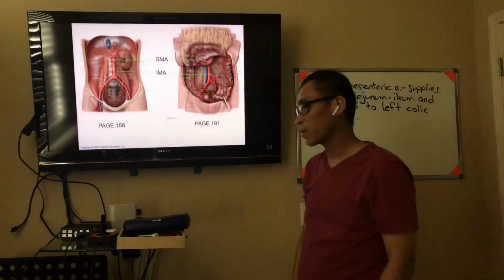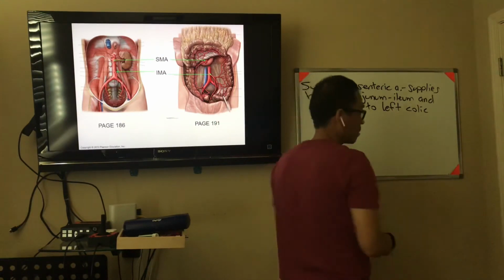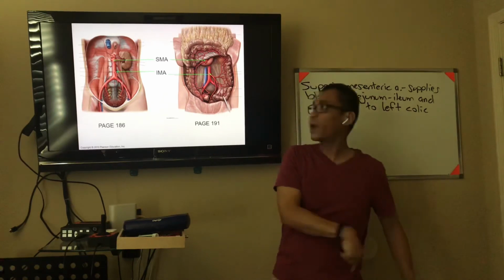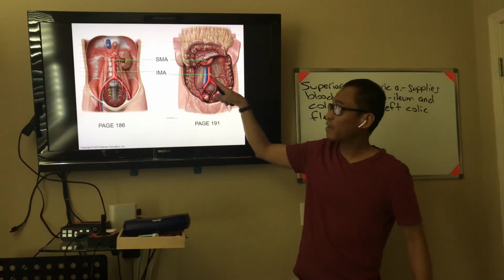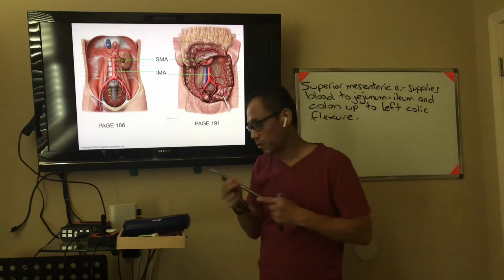The inferior mesenteric artery goes off to the left because, if I face it here, this is going off this way. So it goes off to the left and it's supplying blood to the distal colon from the left colic flexure on down. We just call it distal colon.